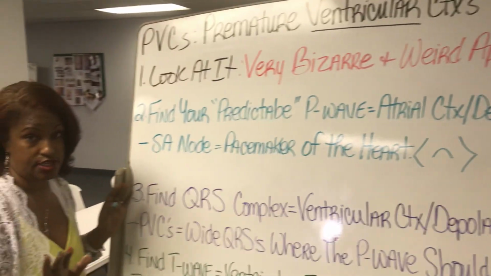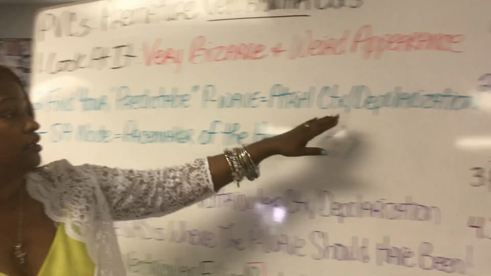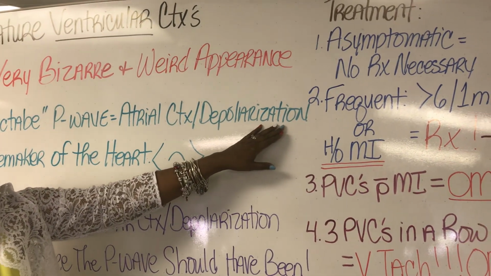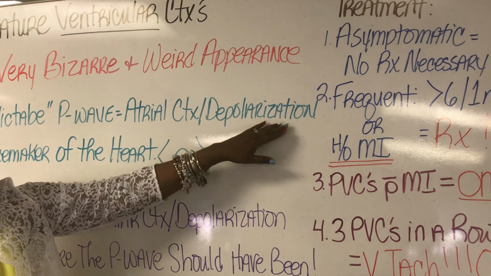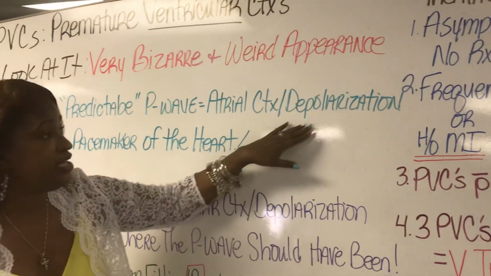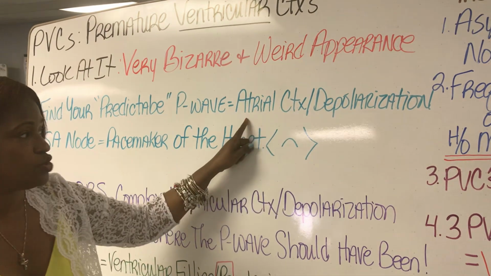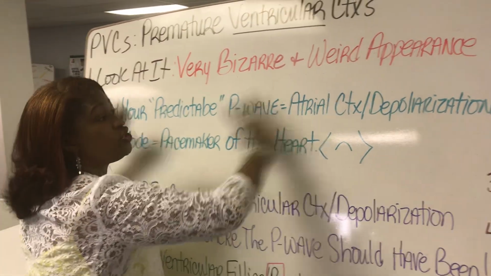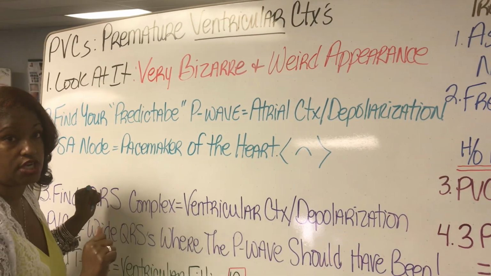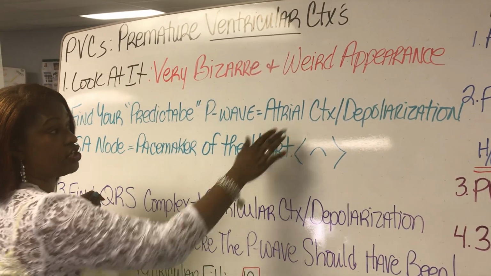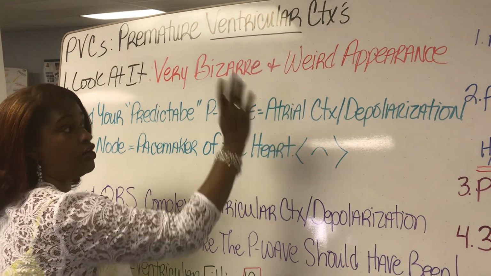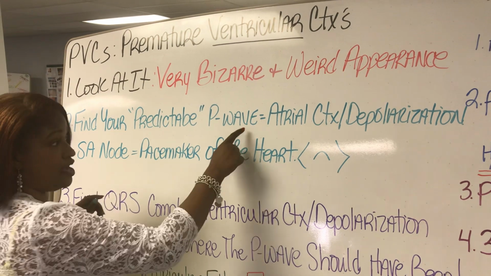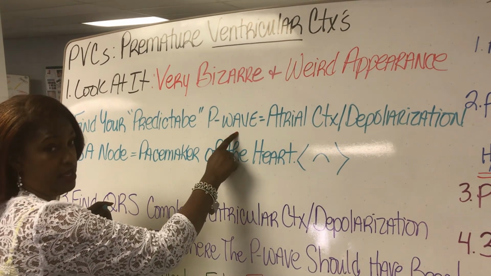That's called atrial depolarization. The depolarization is the contraction of the atria. So if there is no P wave, there's no atrial contraction. We said you could have AFib or a flutter if there's no P wave. But that's not what's happening here, because you will definitely be able to find your P wave.